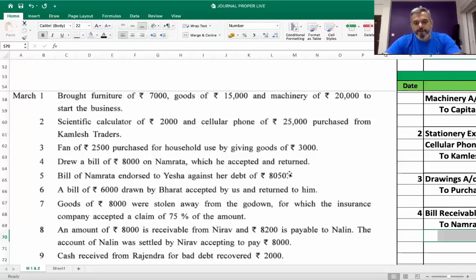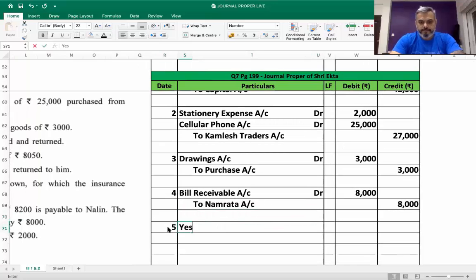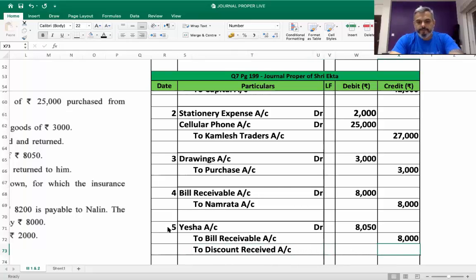Here also, because the bill is of 8,000 against a debt of 8,050, it is assumed that 50 is the discount and the account is settled. You can write over there settled. So the bill is endorsed to Yesha, so Yesha is the receiver. Fifth, Yesha account debit, with how much amount did we settle her account? 8,050, to bill receivable account. Which bill did we give her? The one we got from Namrata of 8,000, and to discount received account 50.